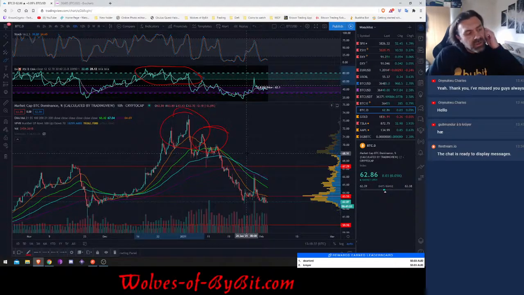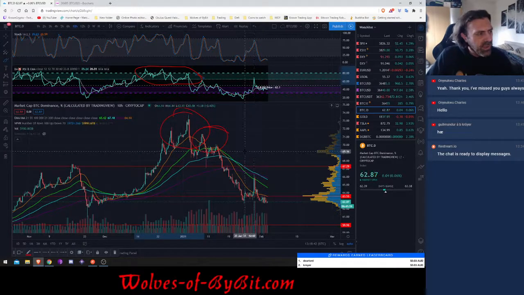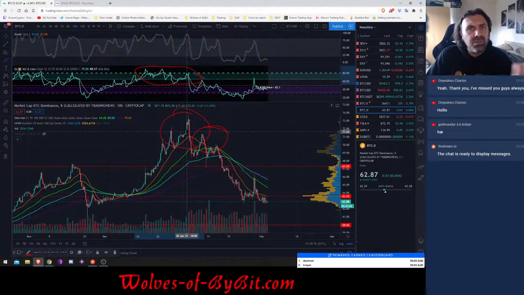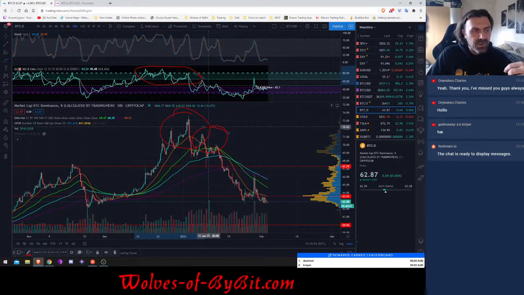I don't know how strong we can make those reads or assumptions on the dominance chart. Sometimes they play out, sometimes it just does its own thing, because there's a lot of influence here. To make this chart move, it's the total amount of all the other altcoins that weighs itself against Bitcoin. It's not just one currency trading against the other. So that's something to keep your eyes on.